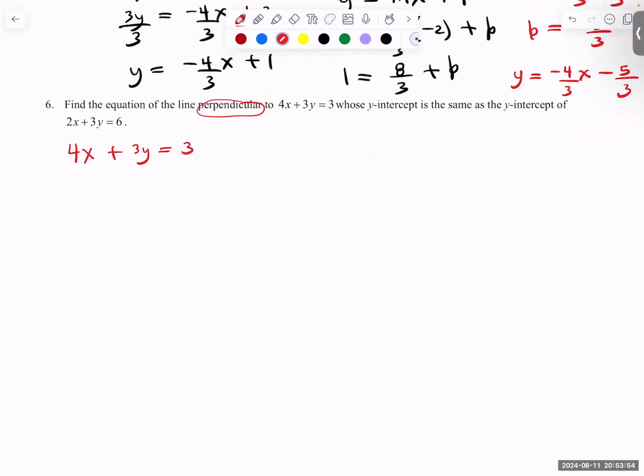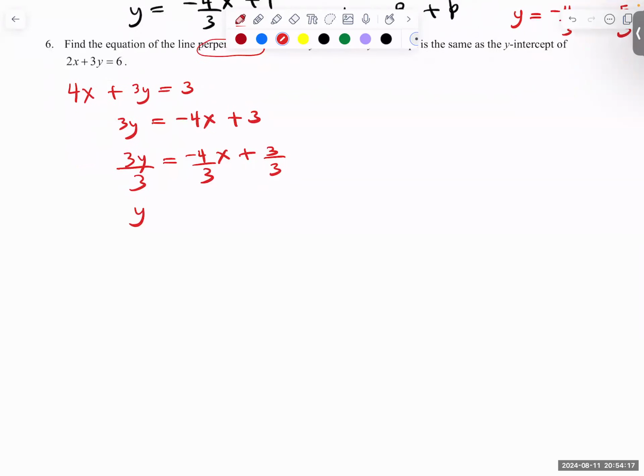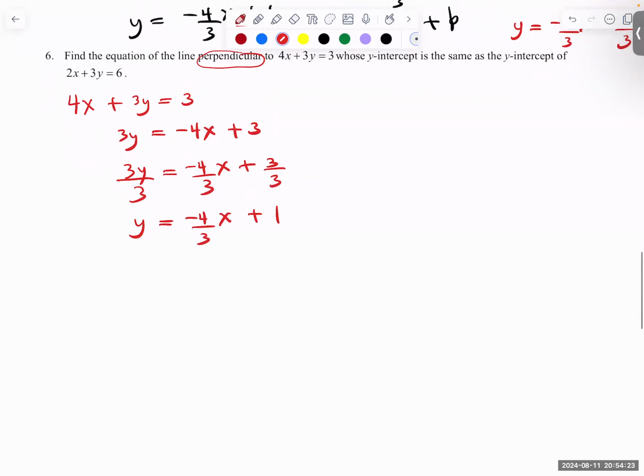So to solve for y, let's subtract 4x from both sides, and then divide every term by 3. So negative 4 divided by 3 x plus 3 divided by 3. So the slope is the coefficient of the x term, negative 4/3.